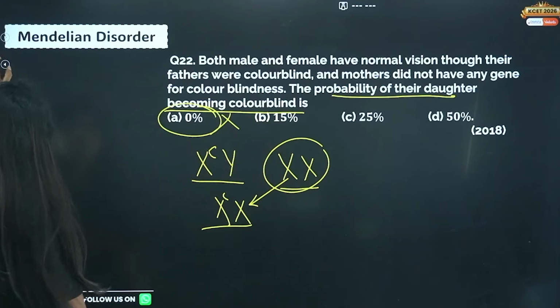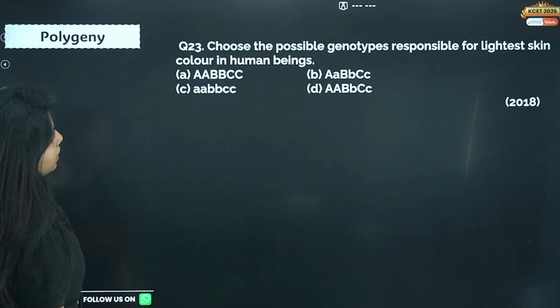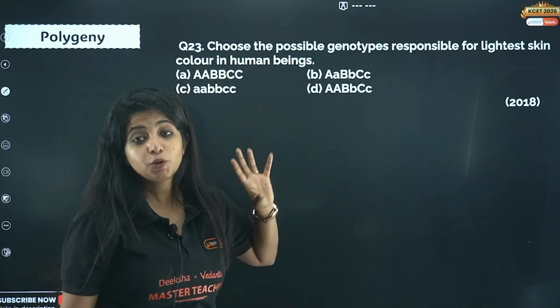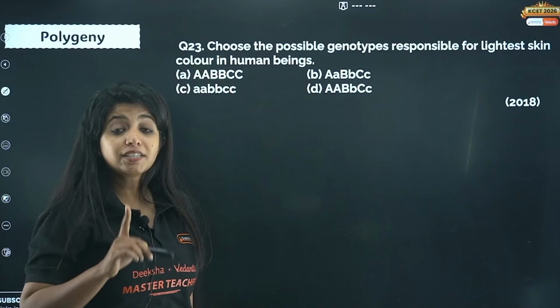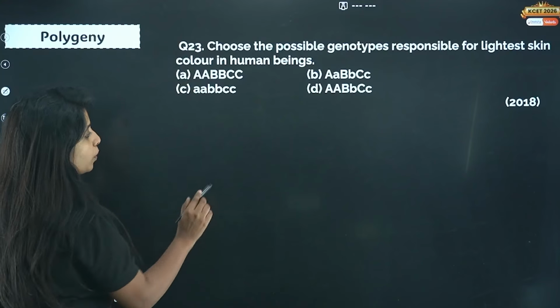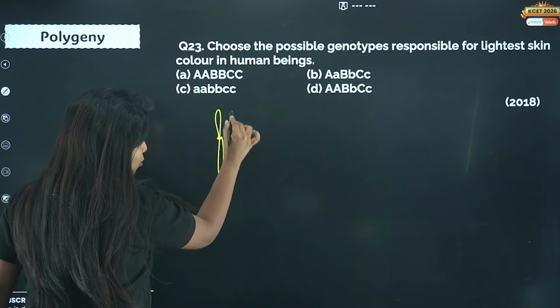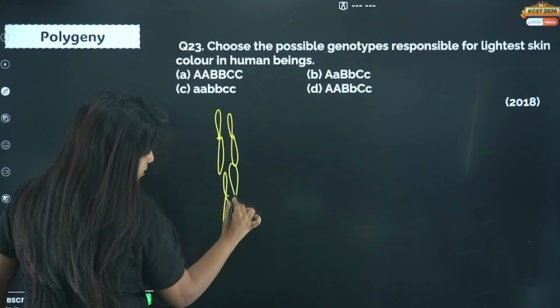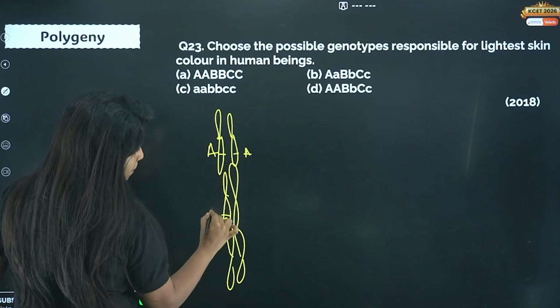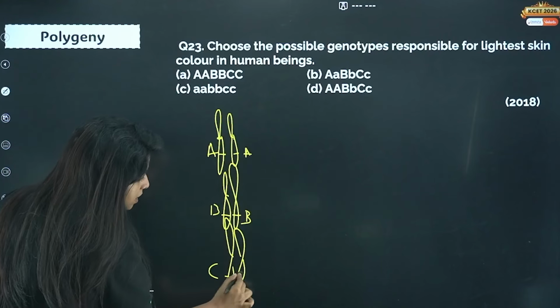Got it? Okay. Now choose the possible genotypes responsible for the lightest skin color in human beings. I told you skin color is determined by multiple genes, which is why it is an example of polygeny. Same goes with human height. So multiple genes means, suppose I say capital A is here, capital B is over here, capital C is over here.